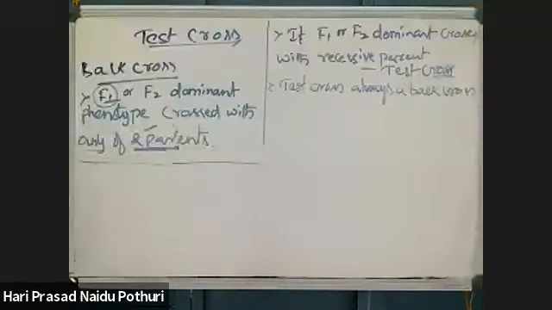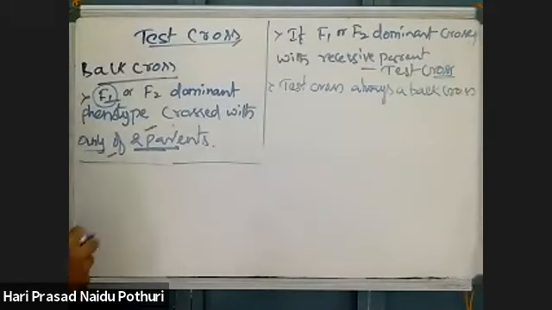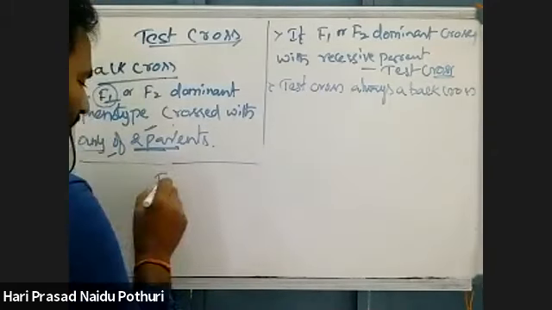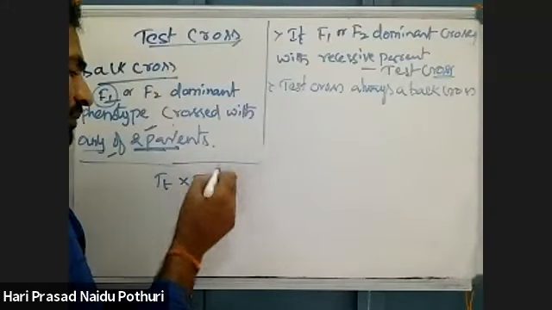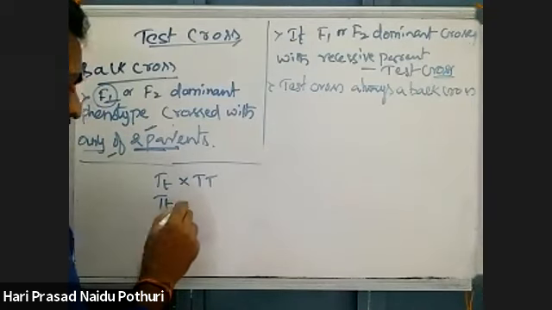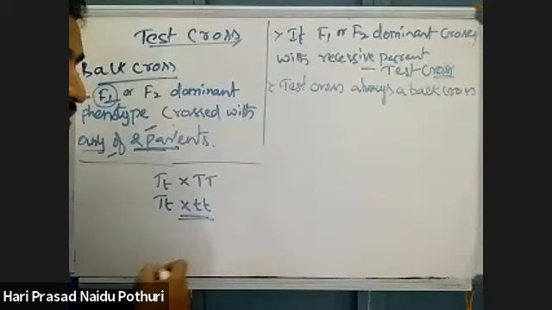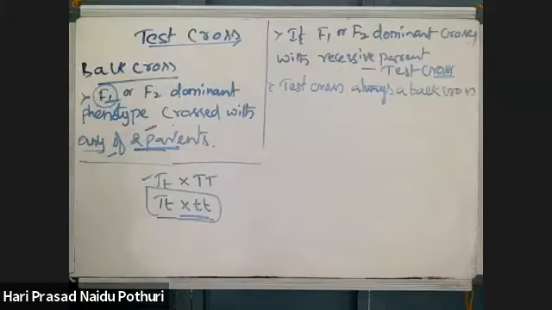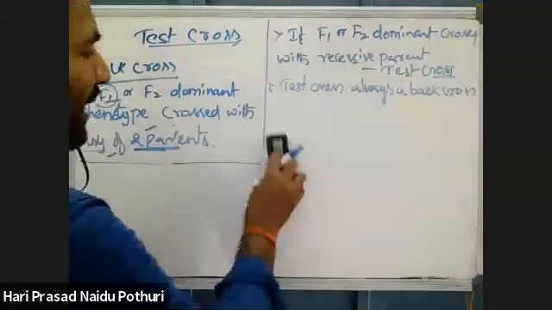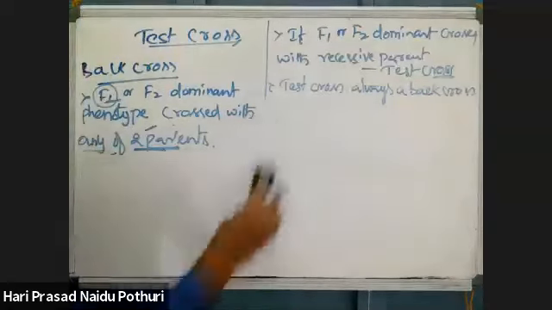A back cross is when a dominant F1 or F2 is crossed with either of the two parents. If it is crossed with this parent, that is a back cross, or if it is crossed with this parent, this is also a back cross. So test cross is always a back cross. But why, in back cross, is only the test cross taken?